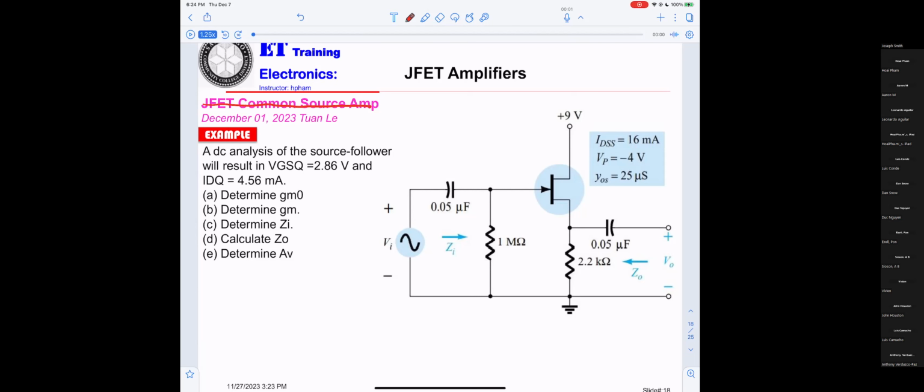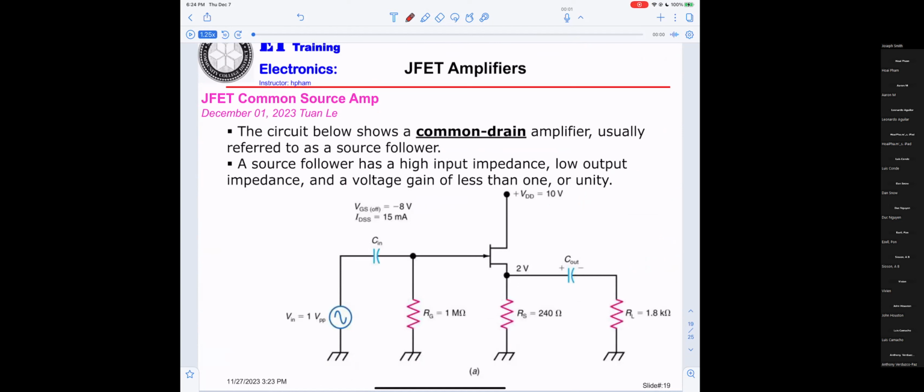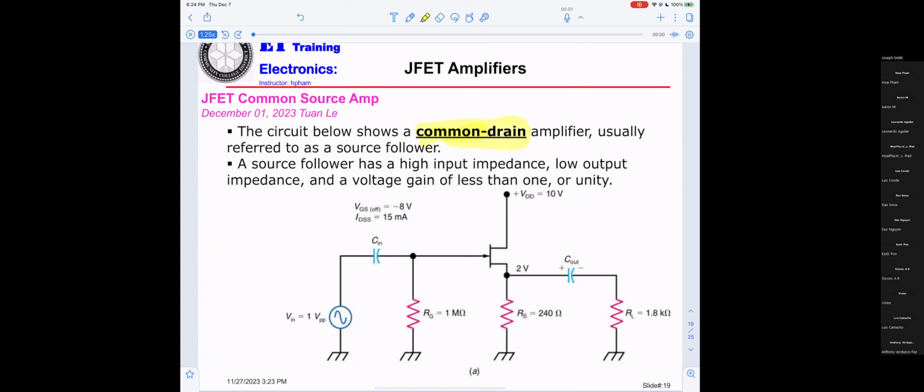Okay? I try to correct that. Oh, okay, I know. This is a title. So that's basically common drain here. This is a title used for everything inside, in and out.